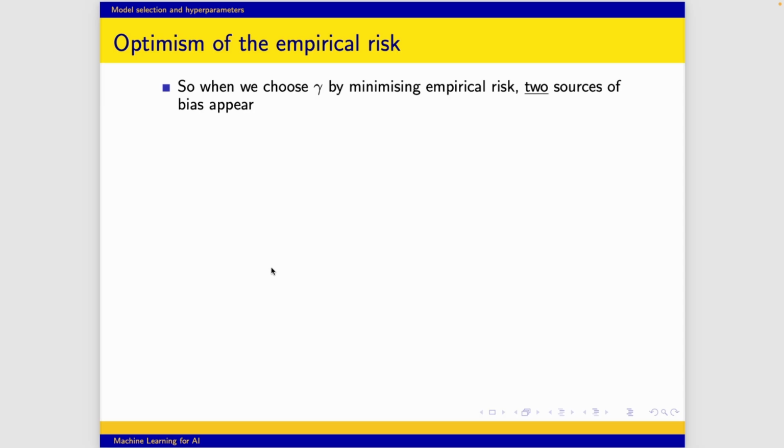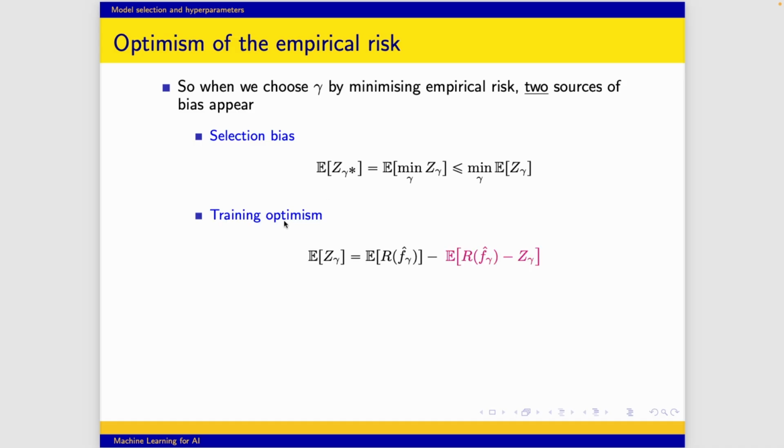So in conclusion, by using the empirical risk to find gamma, we've got two sources of bias. We've got a selection bias and we have this optimism bias. And we can quantify this by this.